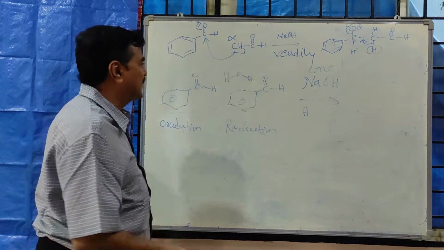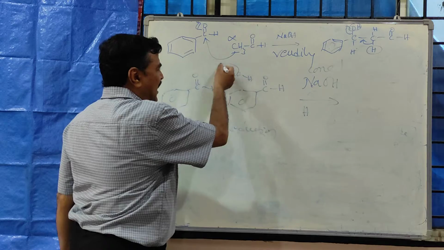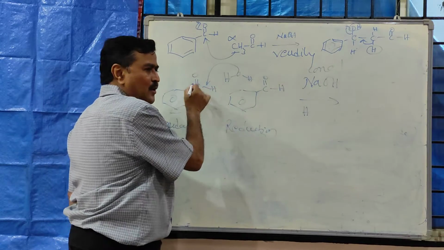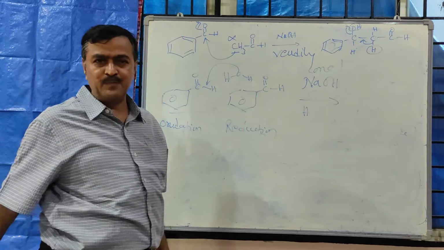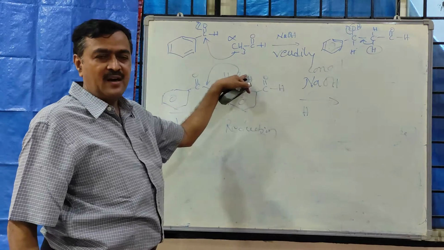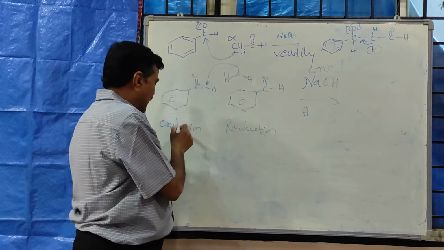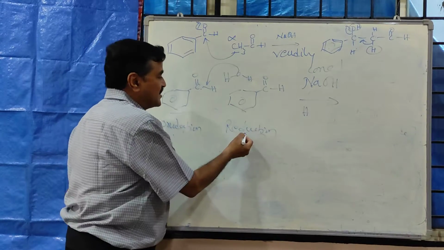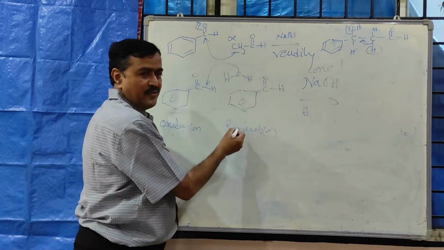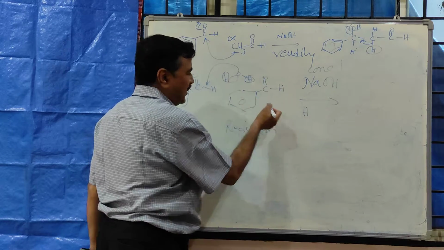How does it happen? Oxidation means addition of oxygen. Just add oxygen to one molecule, and hydrogen to another molecule: the hydrogen of water and the oxygen of water. Oxygen of water added to one molecule of benzaldehyde is the oxidation reaction. Reduction is addition of hydrogen. Add this hydrogen to another molecule.